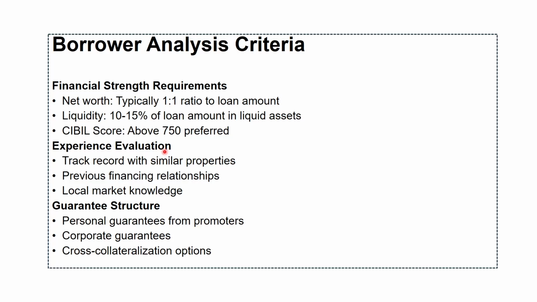Then we move to borrower analysis criteria. Here we are talking about net worth first. Typically, it is a 1:1 ratio to the loan amount. Then we are looking at liquidity, which is around 10 to 15% of the loan amount in liquid assets.